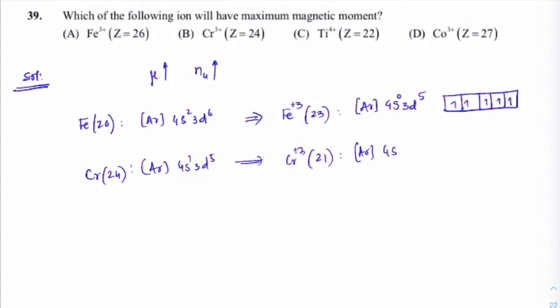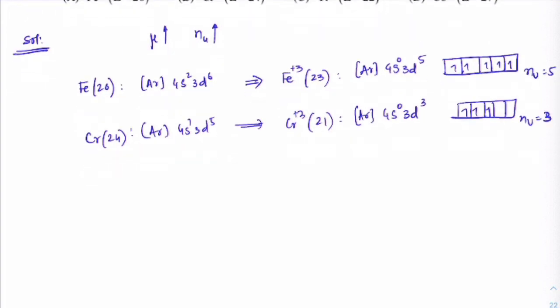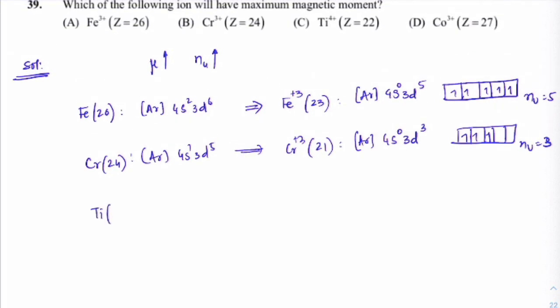So now I'll have 4s0 and 3d3, which means I have only 3 unpaired electrons this time. Here the number of unpaired electrons is 5, here only 3. Similarly, titanium 22 is argon 4s2 and 3d2. If it loses all 4 electrons, it becomes titanium 4 plus, so it will simply be argon 4s0 and 3d0. So the number of unpaired electrons is 0.